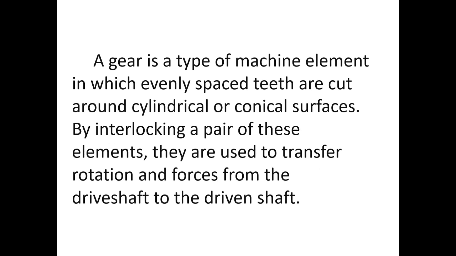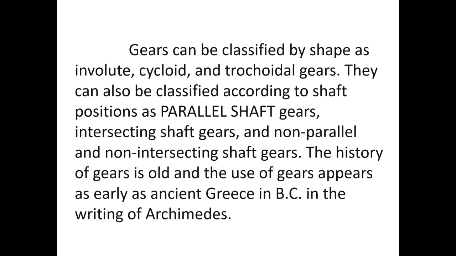A gear is a type of machine element in which evenly spaced teeth are cut around cylindrical or conical surfaces. By interlocking a pair of these elements, they are used to transfer rotation and forces from the drive shaft to the driven shaft. Gears can be classified by shape as involute, cycloid and trochoid gears.